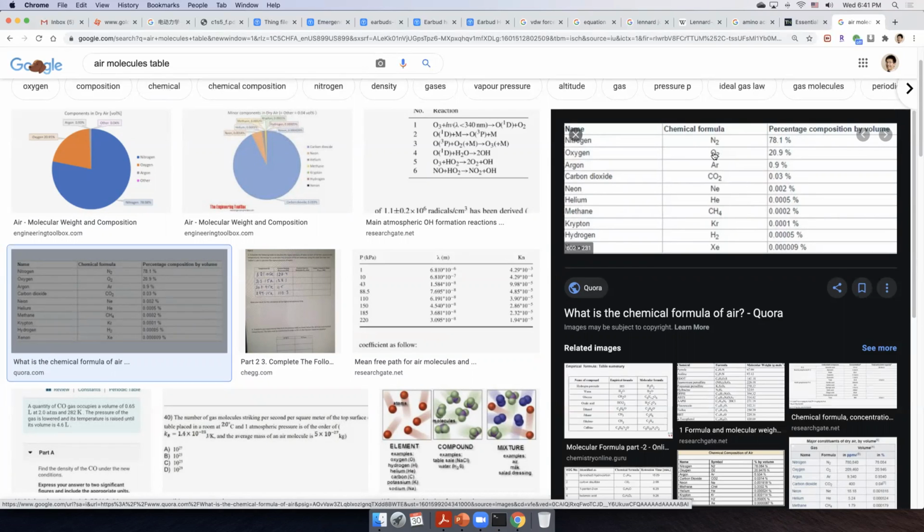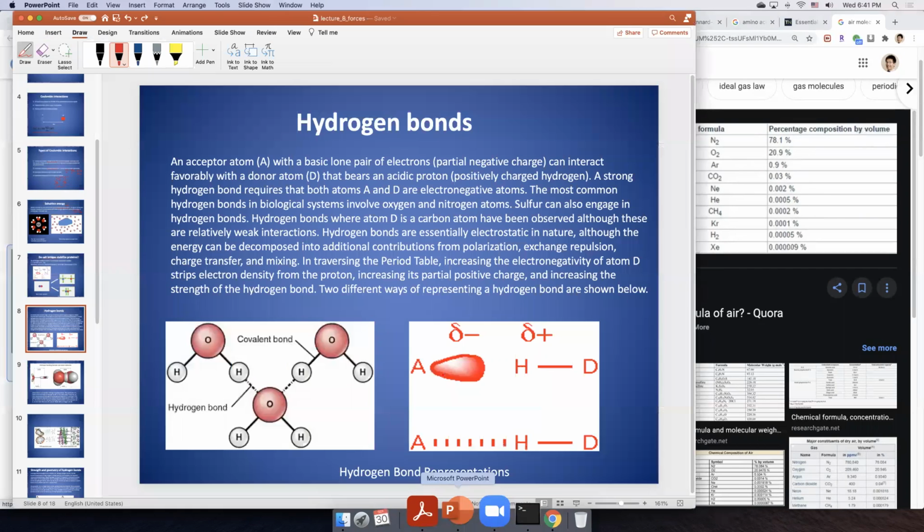For oxygen, the mass is 32, because a single oxygen weighs 16, so O2 means 2 oxygens, that's 32. If you write it down, the weight of O2 is 32, and the weight of H2 is 2.